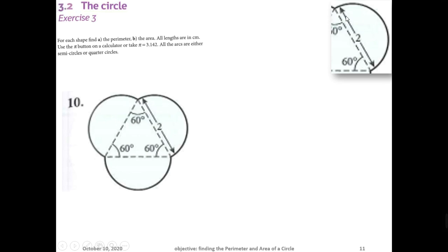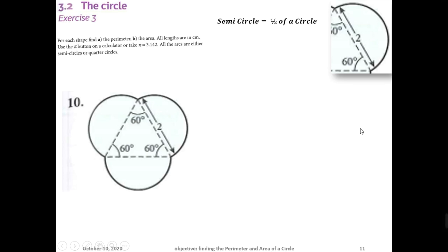As you can see, the 2 represents the distance from the circumference to the circumference passing through the center of the circle. So this is the diameter. But what I'm looking for is the radius. And the diameter divided by 2 is going to give us the radius.